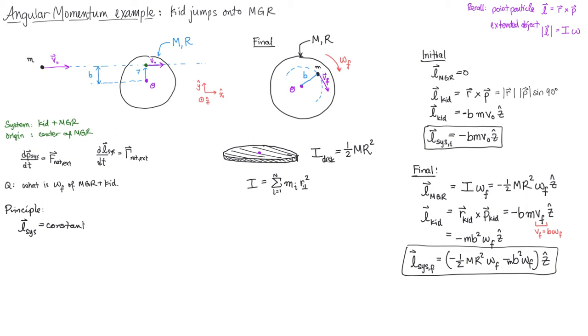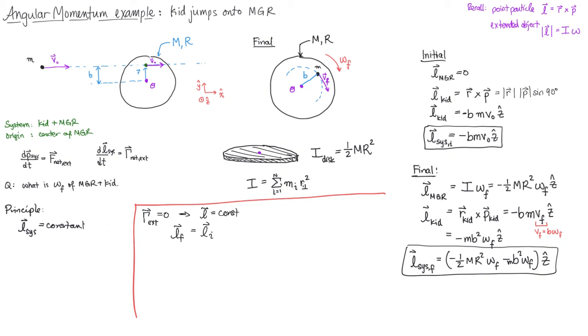So we can pick up where we left off by moving over to the middle here, and we can say, in this system, there's no external torque, therefore L is constant, therefore L final is equal to L initial. Okay.